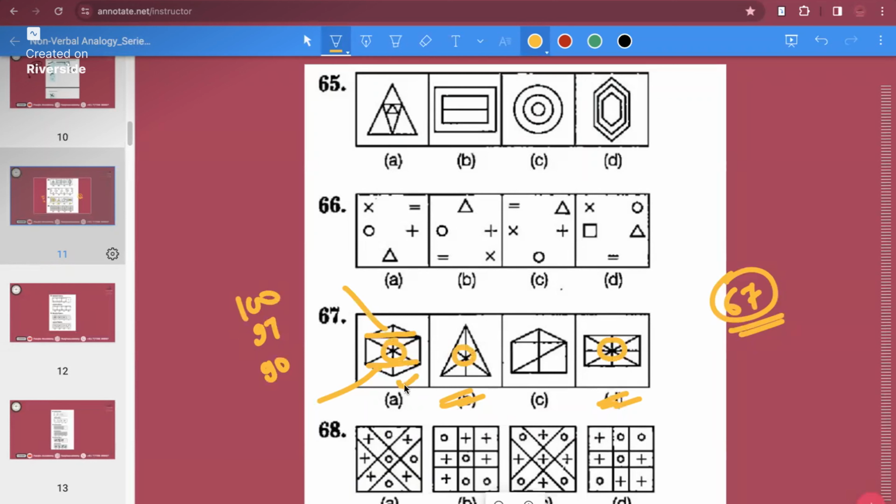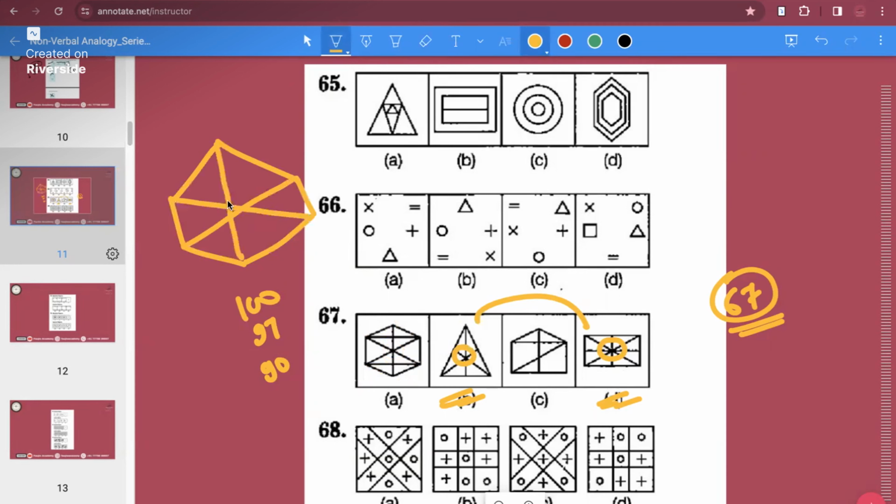Even though this is not a completely correct answer, had this one been like this, 1, 2, 3, then we would have said, okay, fine, all of these meet at some center.